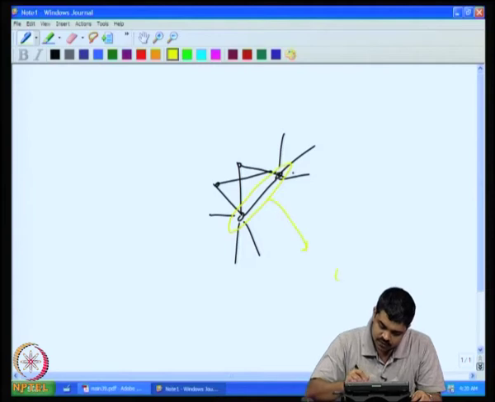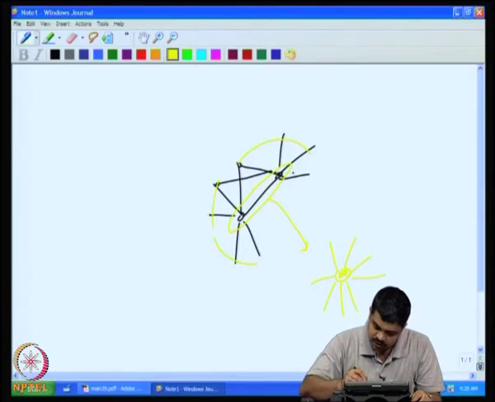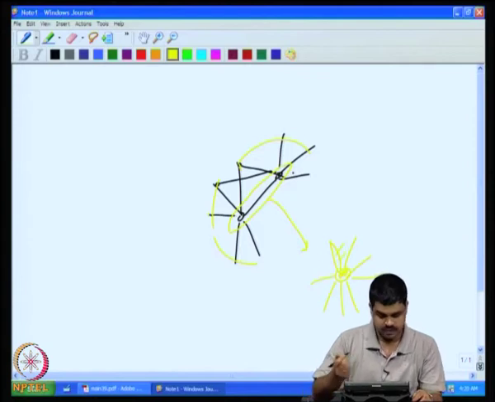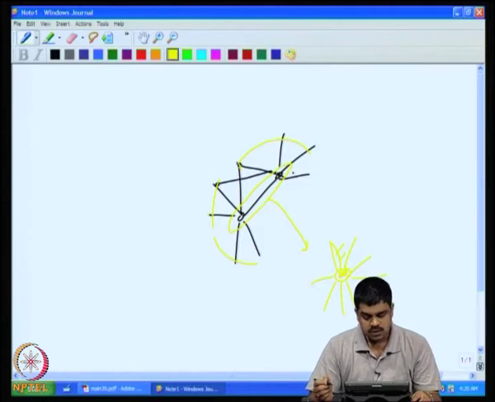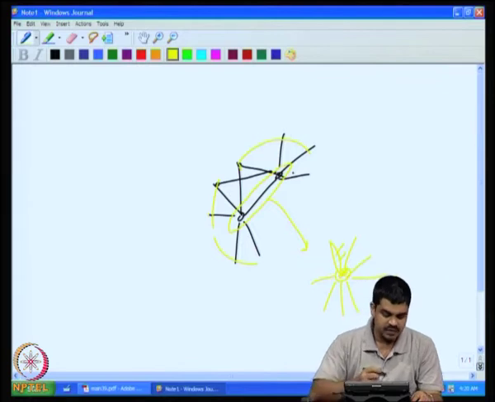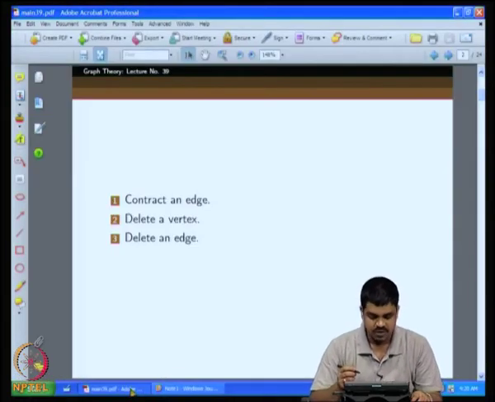You replace this with one new vertex, and all these neighbors will become the neighbors of this new vertex. Of course, you may see that there are two edges here that may become a multiple edge, but then we can discard one of them if multiple edges are not relevant. So, the contraction operation is this. Anyway, we are already familiar with it, so I do not go into repeating it.